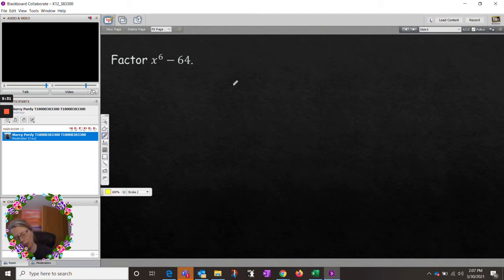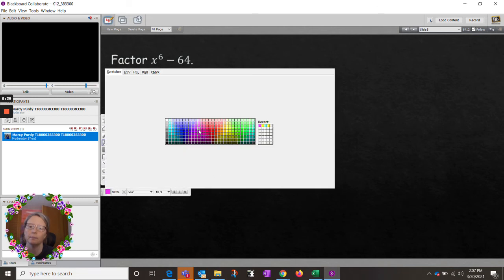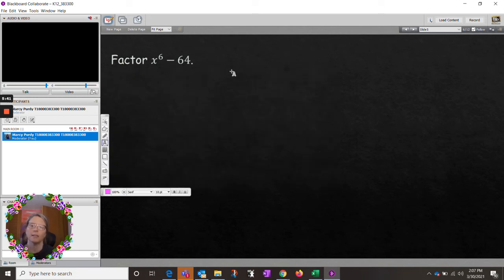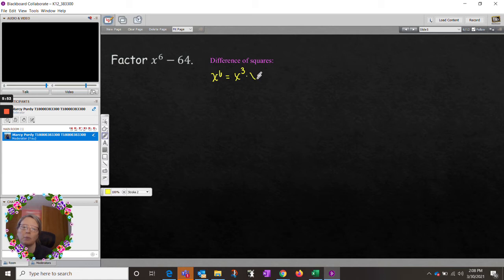I'm going to show you both ways, but let's look at it as a difference of squares first. So what we see here is that this is a difference of squares because we can write x to the 6th as x to the 3rd times x to the 3rd, and 64 can be written as 8 times 8.